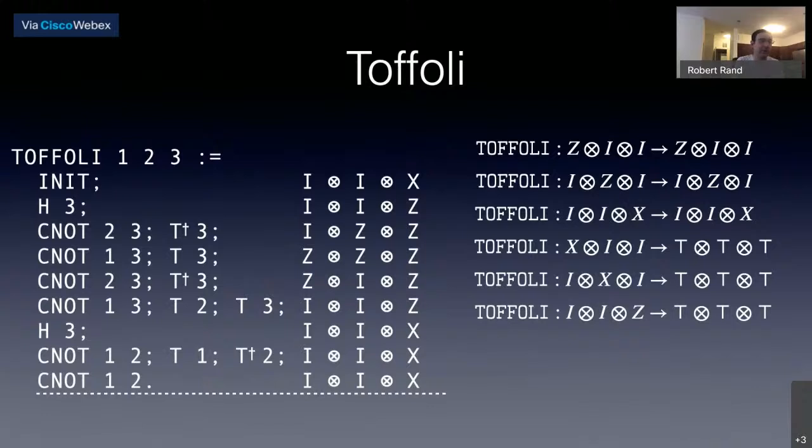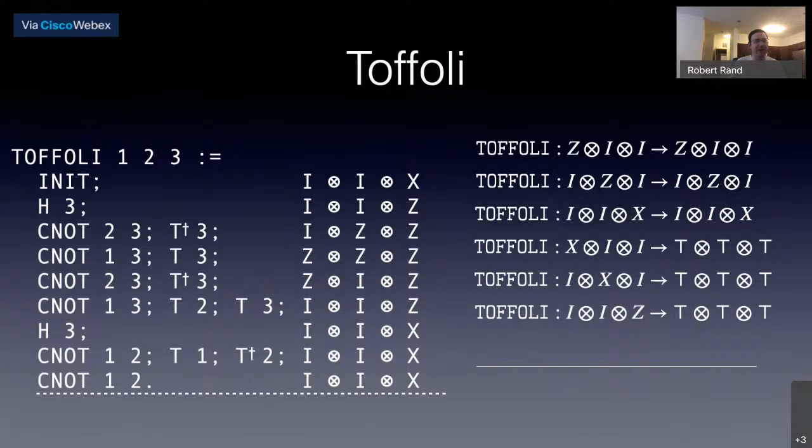And here's the full list of types that we can get for Toffoli. So you see 3 interesting ones. Z goes to Z in the 1st position, Z goes to Z in the 2nd position, X goes to X in the 3rd position. And then for the other ones, we do quickly bang into a T gate that is being applied to an X, and that propagates, and that says, oh, some set of qubits is some state is coming up, but we can't really characterize it.